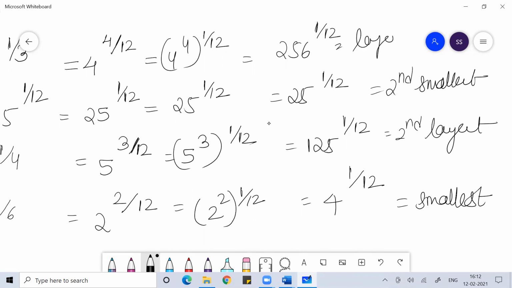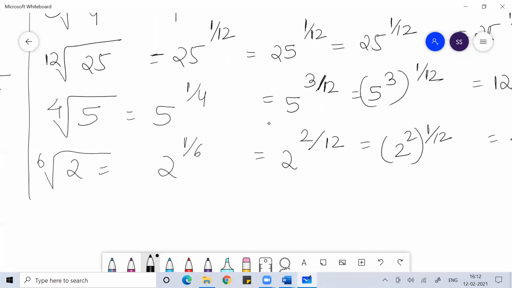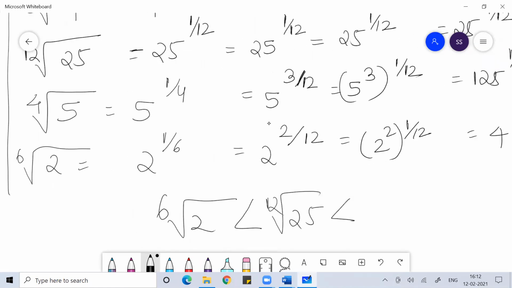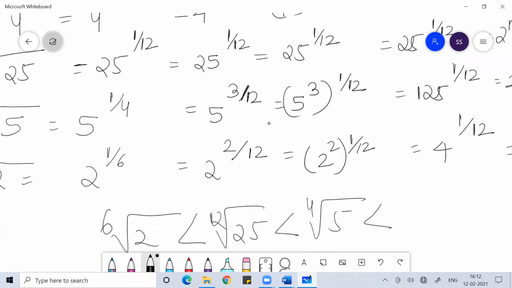Simple. I hope you get the logic. So you can write the smallest one is this, followed by this, and then you have this. So fourth root of 5, and then you have cube root of 4. I hope everyone understood this.